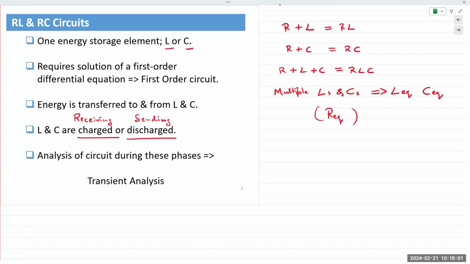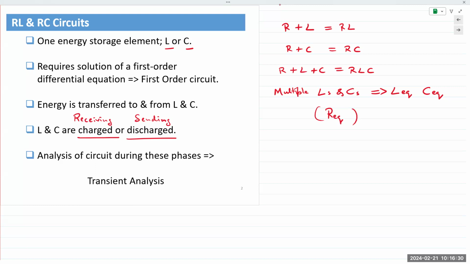If you have two components that are not reducible, whether they are two capacitors or two inductors, or whether it's one capacitor and one inductor together in a circuit, we refer to it as a second order circuit because it requires a solution for the second order differential equation. And then so on and so forth. Third order circuits, fourth order circuits, all the way up to N.